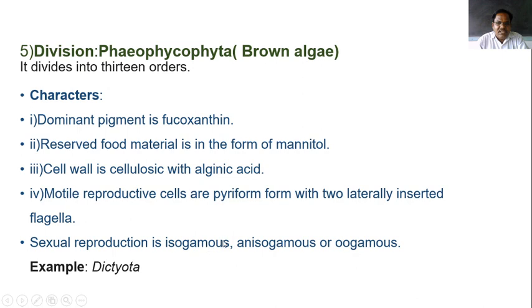Sexual reproduction is isogamous, that is, sex organs are morphologically the same, or anisogamous, where the sex organs are morphologically different, or oogamous, where the female sex organ is comparatively large in size. An example of this one is a macroscopic aquatic algae found in the sea, known as Dictyota. So these are the different characters of the brown algae.